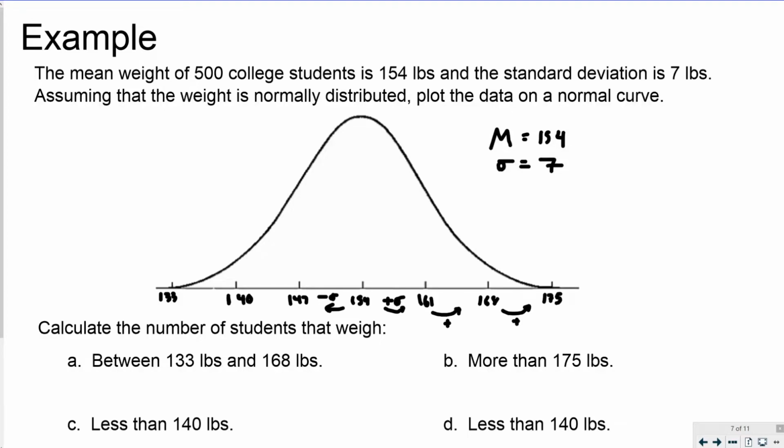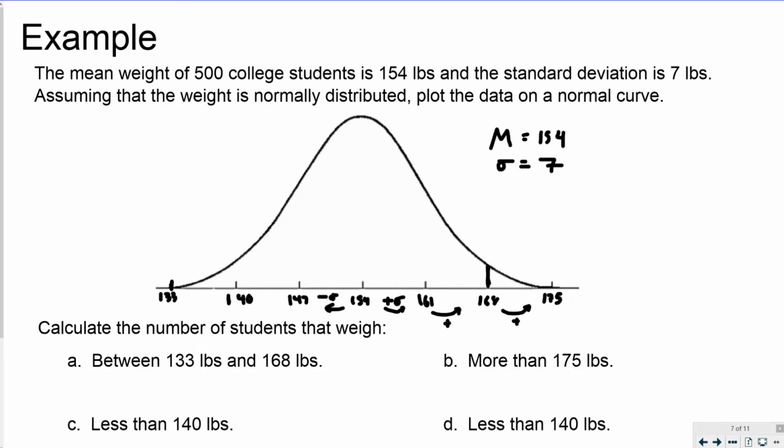The next thing that we need to do is start looking at calculating the number of students that weigh such and such, between 133 and 168. So right here is our 133, and right here is 168.